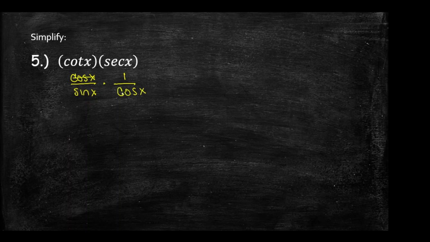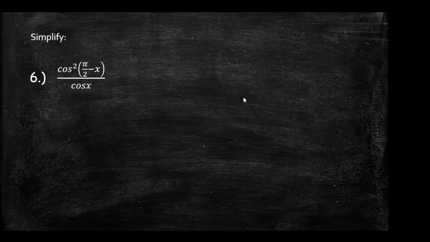And again, these cosine x's cancel, and I'm left with 1 over sine x, which is cosecant x. So try to simplify these down as far as you can go. All right, 2 more examples.